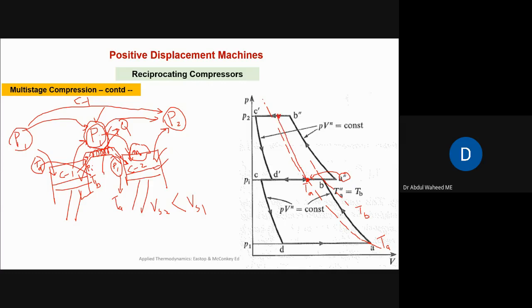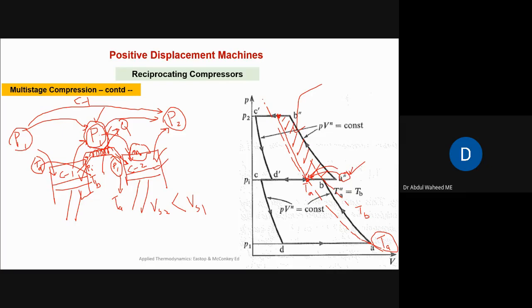Because during compression temperature rises, but temperature अब यहाँ rise TA double dash से नहीं कर रहा है, इस point से कर रहा है. So it means now this point is shifted here. So that is the area which we can save. That is the saving in work because of the cooling between two compressors. Because of this cooling, temperature drops, and ideally we are assuming इस point के ऊपर temperature is same as the initial temperature TA. उसी isotherm के ऊपर ये point है.